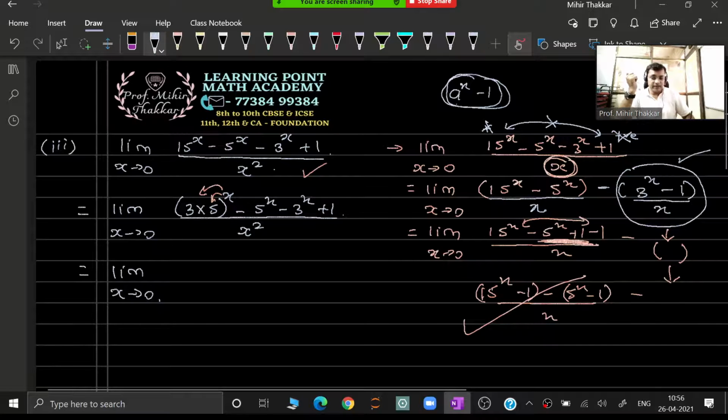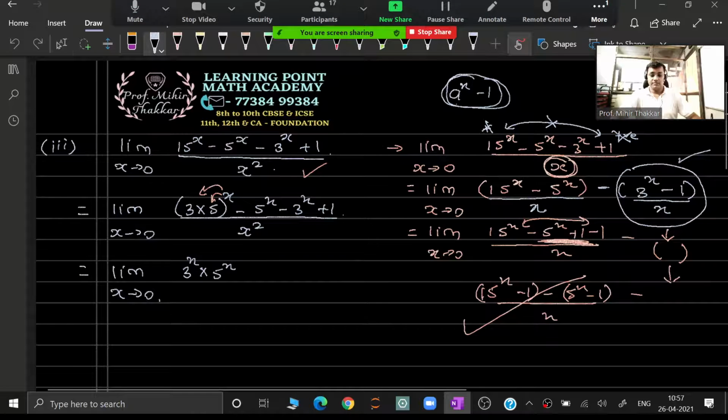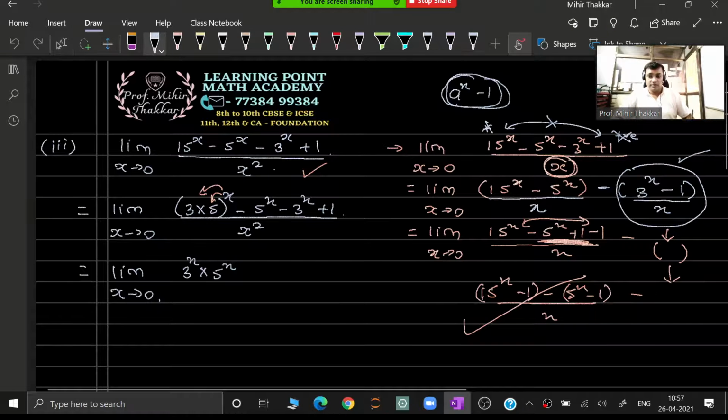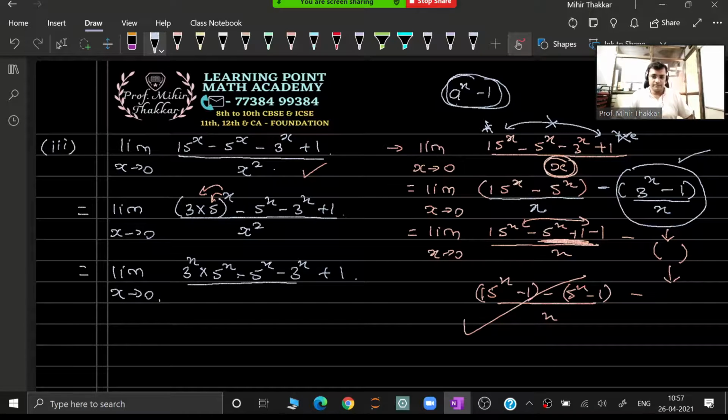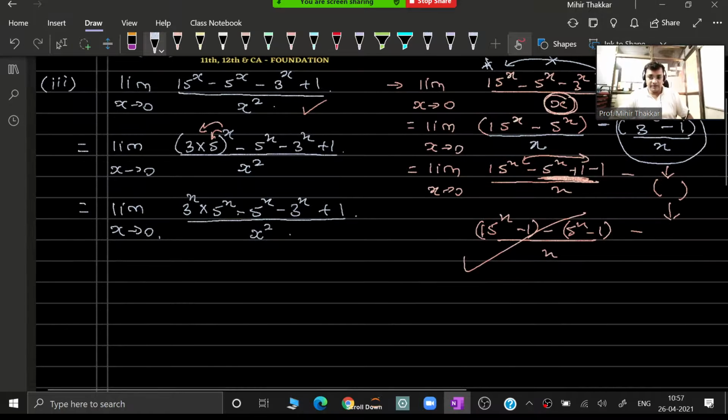So according to that, I will write 3 raised to x into 5 raised to x minus 5 raised to x minus 3 raised to x plus 1, divided by x square.